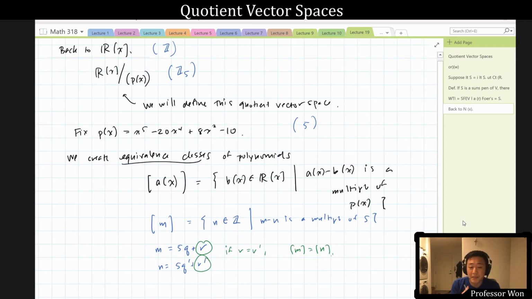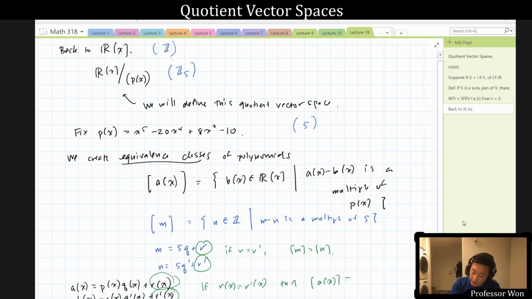And the thing about polynomials is we also have an algorithm for dividing polynomials. So it will turn out that if you divide a by p with some remainder polynomial, and you divide b by p with some other remainder polynomial, then if these two remainder polynomials are the same, then the equivalence class of a is equal to the equivalence class of b.